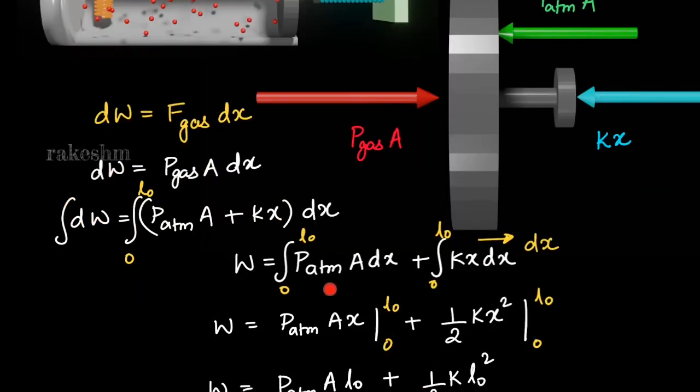In this integral, P atm and A are constants, so we'll remove them out of the integral. Integral dx is x, so we get P atm into A into x. Again, k is a constant. Take it outside; integral x dx gives x squared by 2. So this will be half k x squared, from 0 to L0.